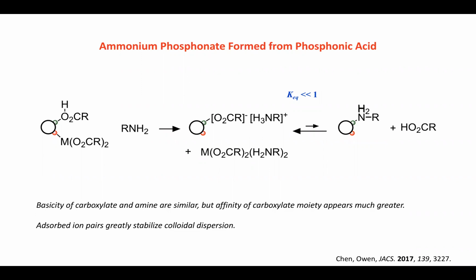Why is that? What is the driving force for that? Right? They're both just 2 electron donors. One produces a surface potential, the other doesn't. Primary amines are good ligands. They're sterically unencumbered. They're basic. They have about the same basicity as a carboxylate anion. So why is it that this equilibrium actually lies pretty far to the left?